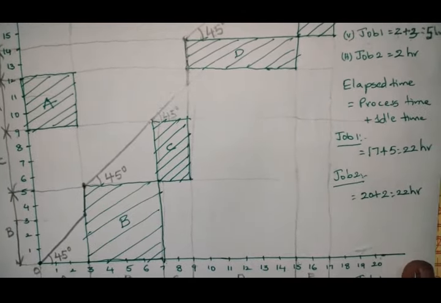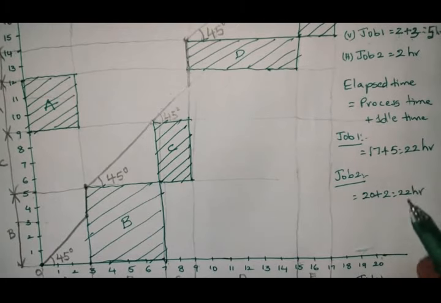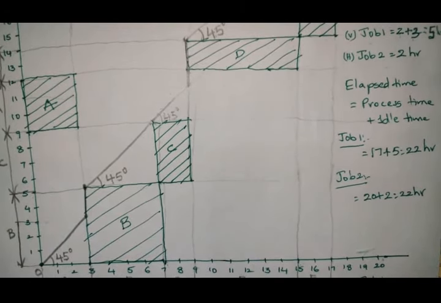So the elapsed time is the same for both jobs. Like this we need to solve the processing of two jobs through two machines using the graphical method. It is a very easy technique to solve the problem, right? I hope you understand this problem.